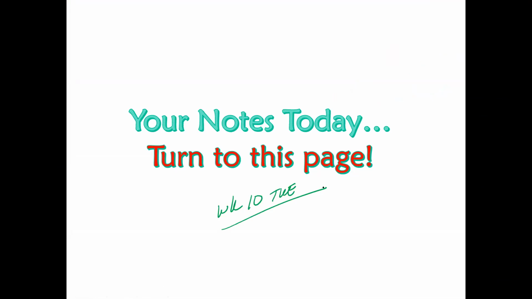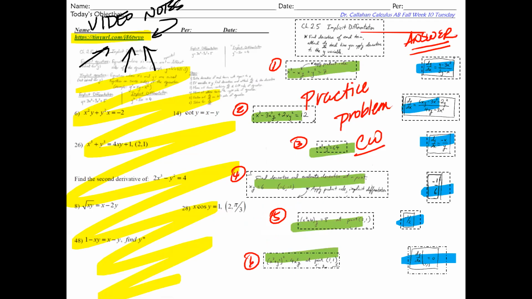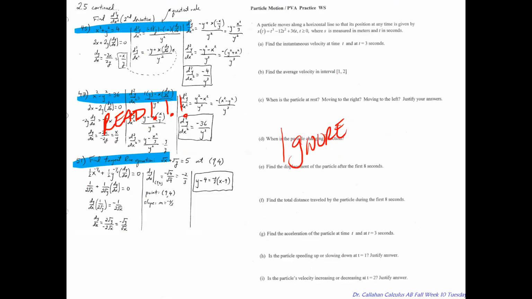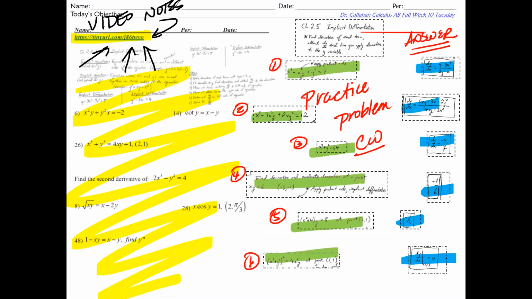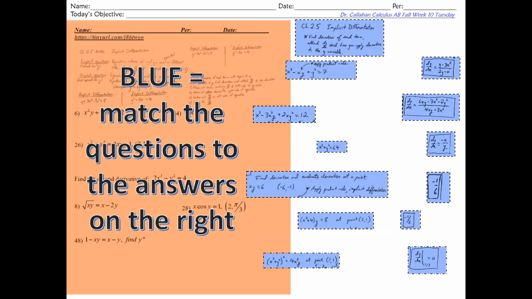You have a brand new guided note packet from Monday, which is going to last from week 10 to week 15. So you're going to have all of your notes basically outlined for you. This is page 1, and that's page 2. There's 1 and 2. That's it.